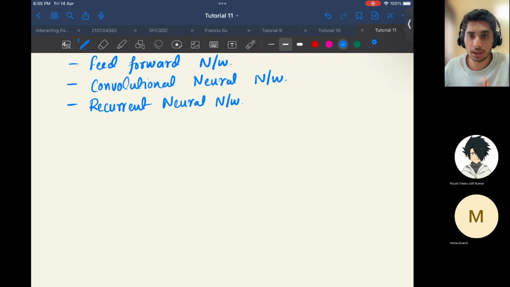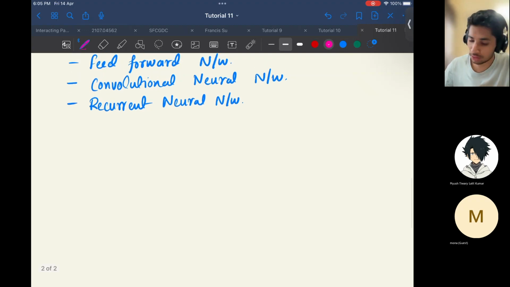The difference between these paradigms comes because we are dealing with different kinds of input data. In real life, it is possible that you deal with something which is not an image or a sequence or a vector. It is possible that you deal with something very weird.